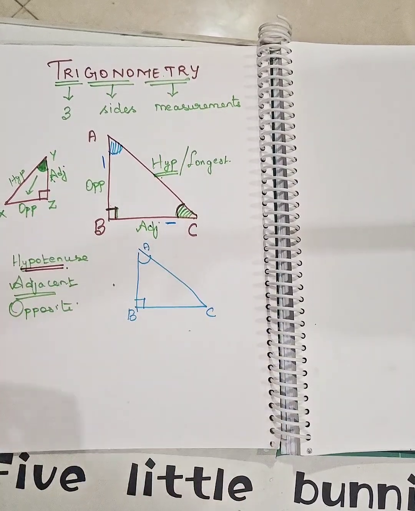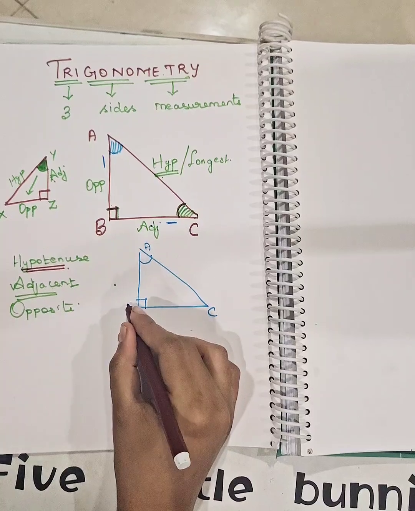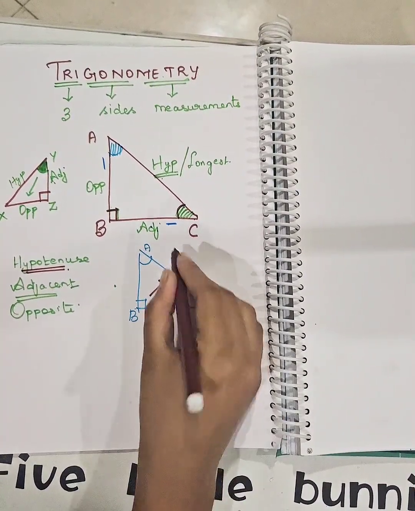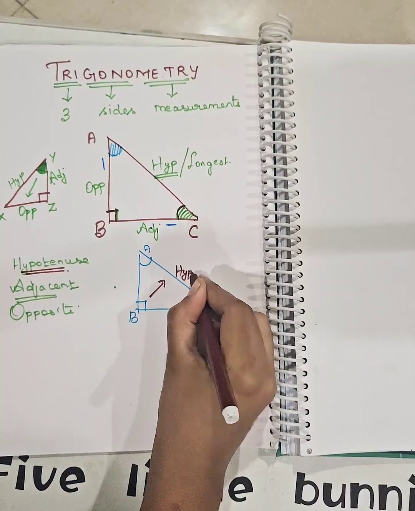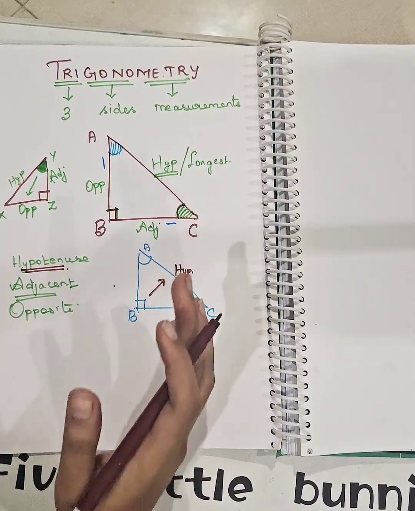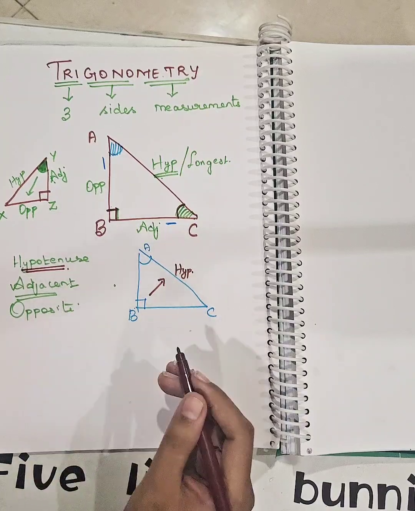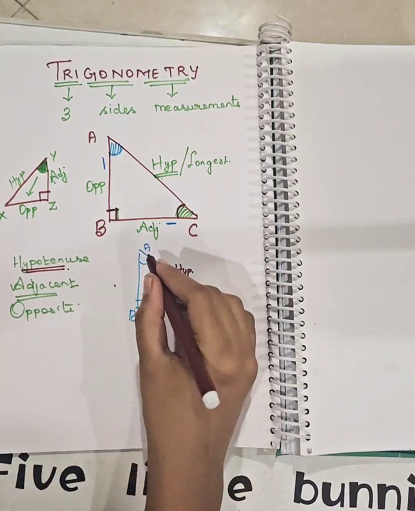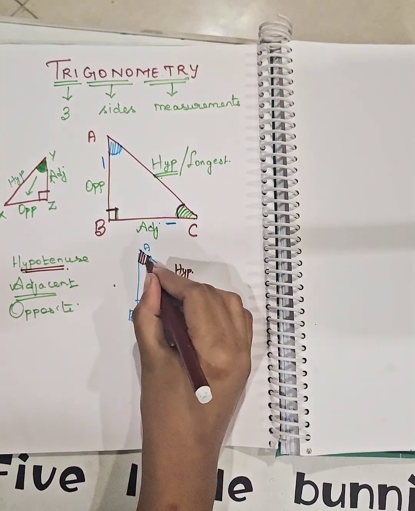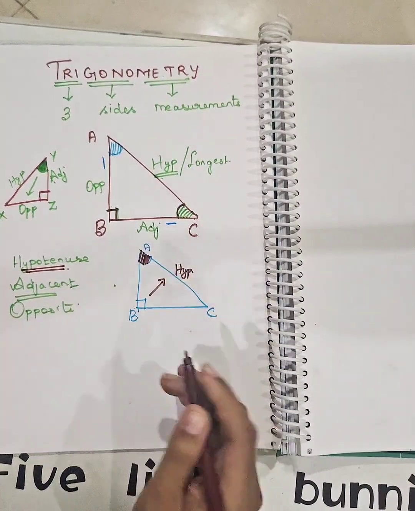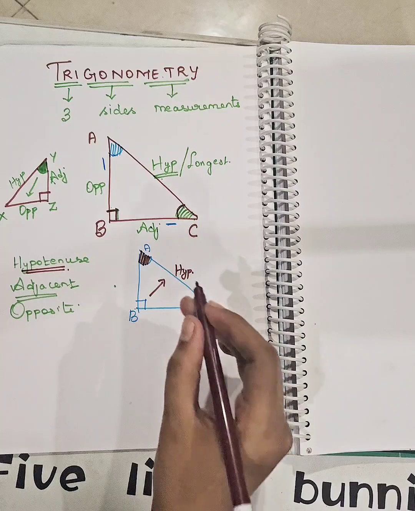For example, I am taking this triangle and angle A is marked here. The first thing we can identify is the hypotenuse side, the side which is exactly opposite to the right angle, otherwise called the longest side of the given triangle. Next, opposite and adjacent vary accordingly. If I am marking the angle as A, then for angle A, which side is opposite and adjacent?